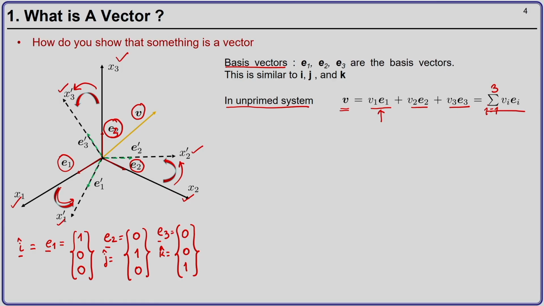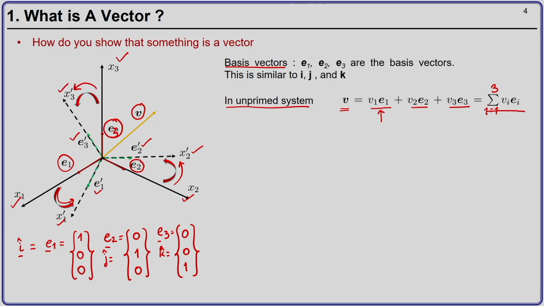When the coordinate system is rotated, the basis vectors e1, e2, e3 are also rotated, and they now become e1 prime, e2 prime and e3 prime. We have just rotated the coordinate system, we have not rotated the vector itself.